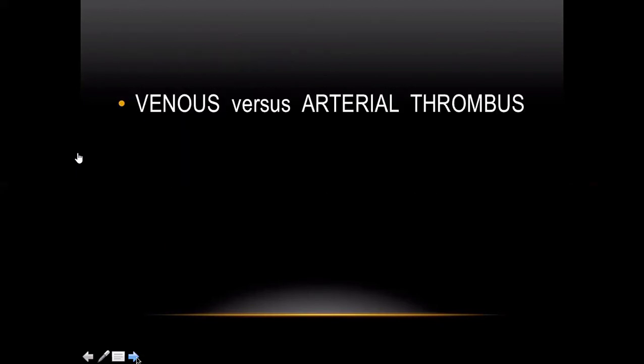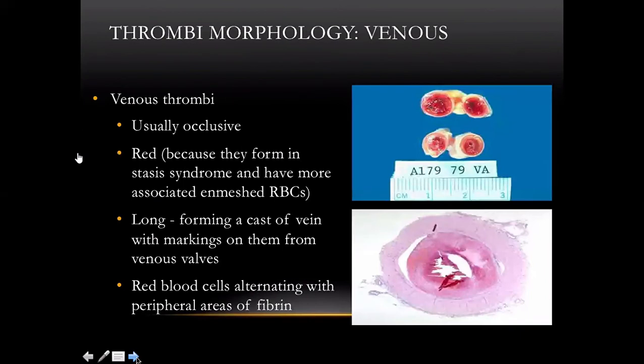Okay? So the thrombus can be venous or arterial in origin. So venous thrombi are usually occlusive, and they are red, and they are long, and they form a cast of the vein, with red blood cells alternating with peripheral areas of fibrin. So this is a blood vessel. As you can see here, a thrombus occupying the lumen of the blood vessel. And this is the gross, the blood vessel filled with thrombi in the lumen.